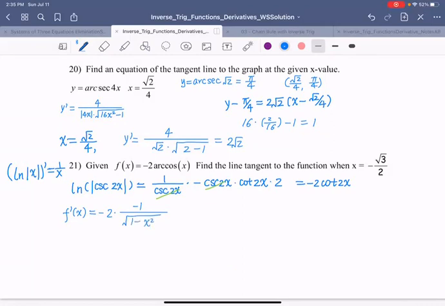Now, this is the slope. Let's plug in x equals negative square root 3 over 2. So 1 minus negative square root 3 over 2 squared. How much? So it's 1 minus 3 over 4, so it's 1/4. That's the slope. Let's find the y value.